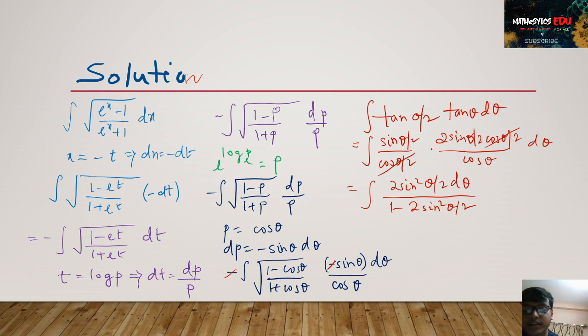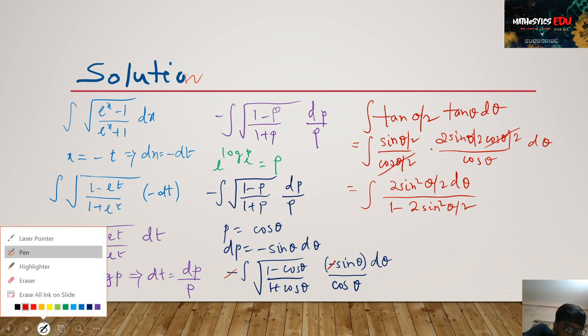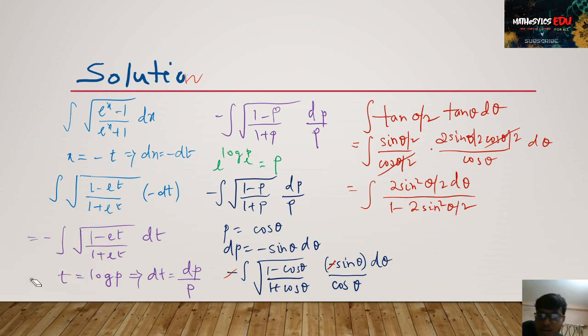Now this can further be decomposed if I make a simple substitution. Let me do it in this particular line only. Let me add a plus 1 and deduct a minus 1 and then write d theta.